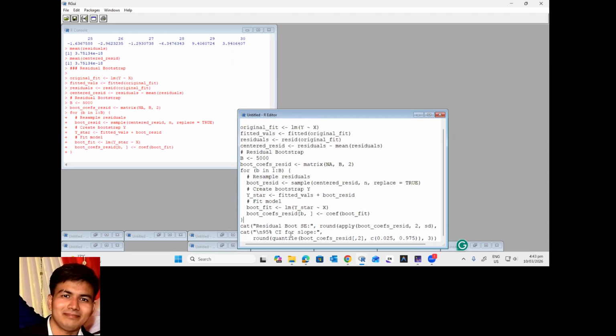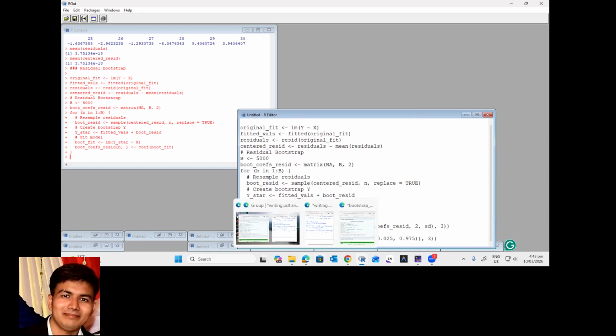Now after that we compute the standard error of the residual bootstrap by applying the command round, apply boot coefficient residuals, comma 2, comma sd, comma 3.